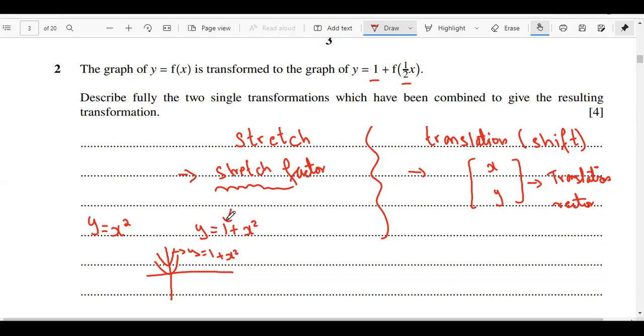So this is representing the shift, the translation, and this multiplication with x is telling you a stretch. My next question is, when we are multiplying 1 by 2 with x, would that be a stretch or would that actually be squeezing your shape? What do you think?